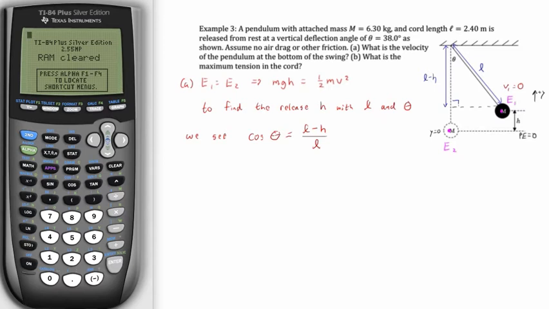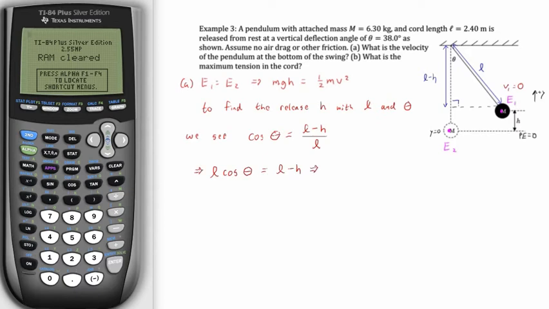So then we can go ahead and solve for h. I'll multiply both sides by L, so then I'm going to have L cosine theta equals L minus h. Okay, that's just our next algebraic step.